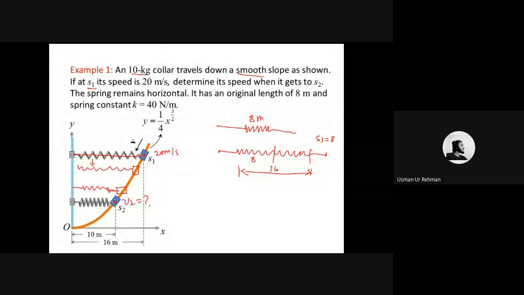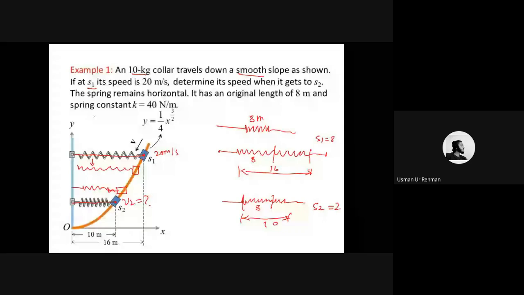What about the length now, at S2? 10 meters. The initial length was 8, so S2 should be 2 meters.